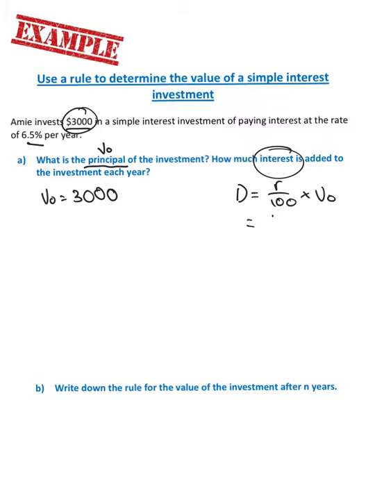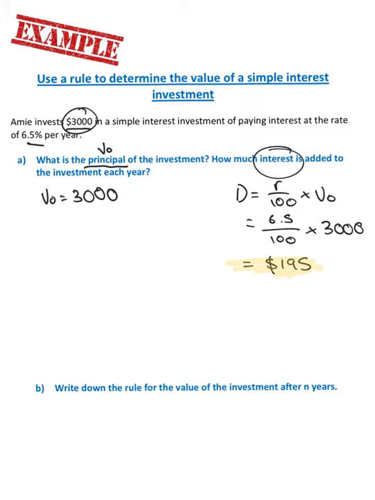The interest rate is 6.5%, as we were given in the question, divided by 100 times 3,000. We get $195. So this here is the amount of interest that is added to the investment each year. Now, B says write down the rule for the value of the investment after n years.